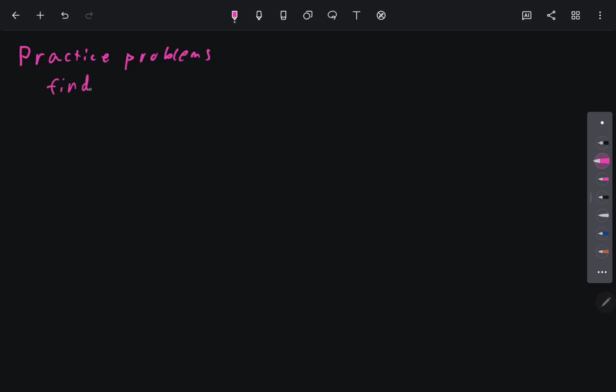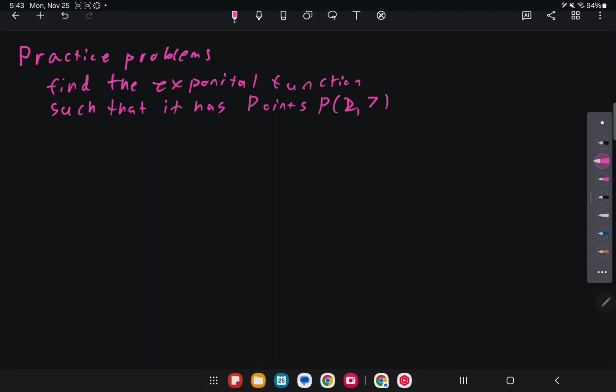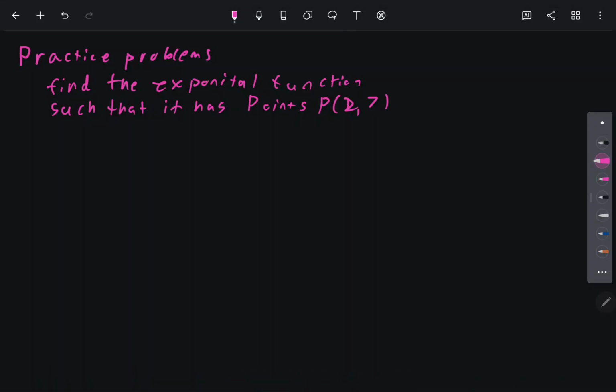Find the exponential function such that it has points (1, 2)... or rather (2, 7), and another point (4, 19).